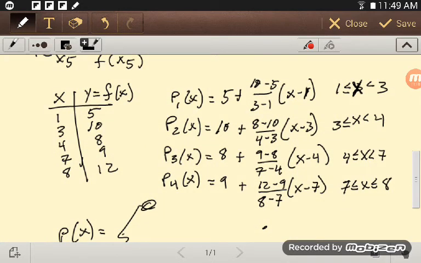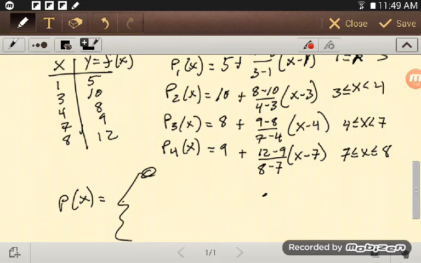Here, if I simplify this, this is 5 plus 5 halves. So I get 5 plus 5 halves x minus 1. And again, that was from 1 to 3, so less than or equal to x less than 3.